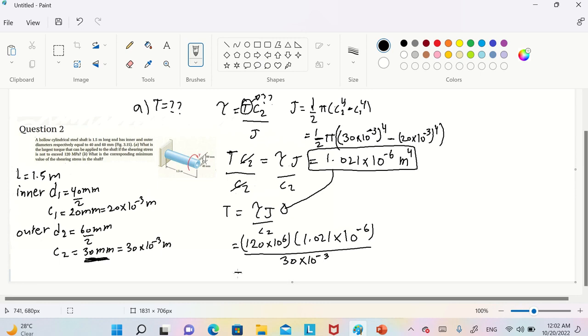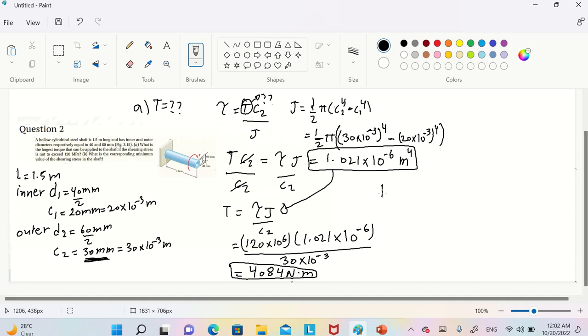So you will get 4084 Newton times meter. So this is the largest torque that can be applied to the shaft.